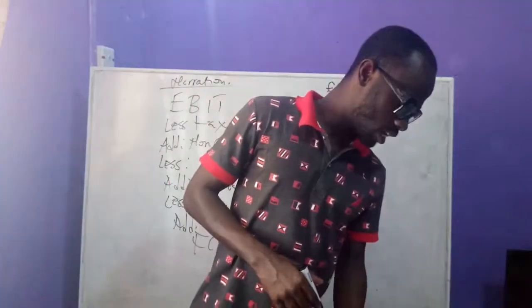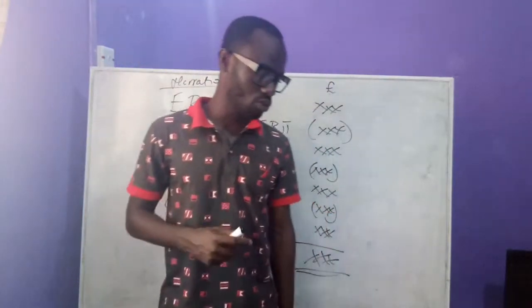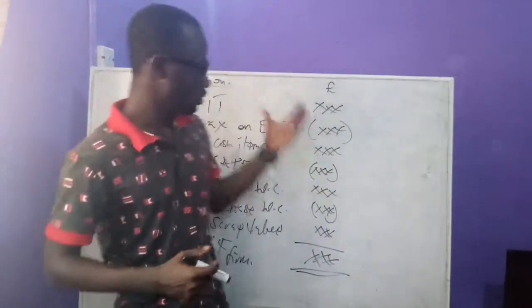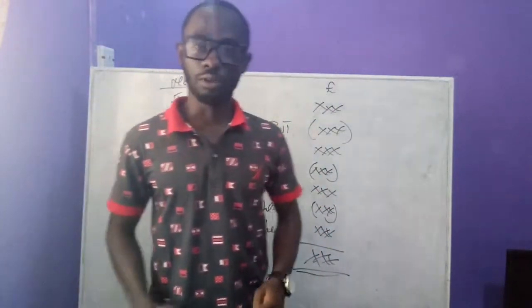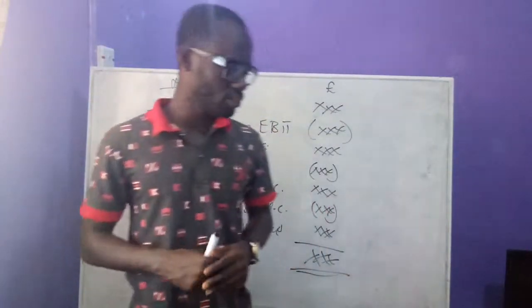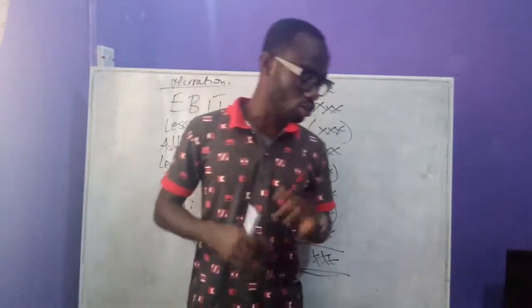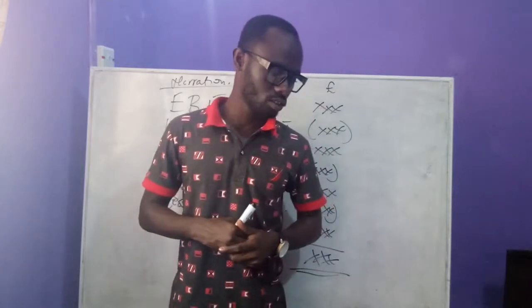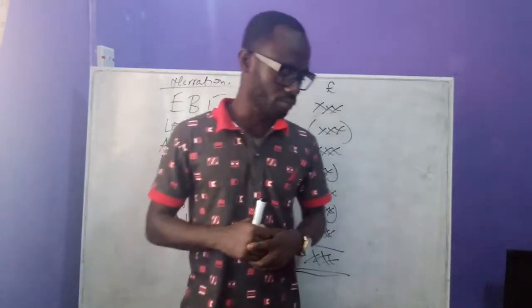So let's look at an example on how we can calculate the free cash flow to the firm, since we have the pro forma laid out here. Example: Nhyira PLC has earnings before interest and tax of 225,000 pounds for the current year.